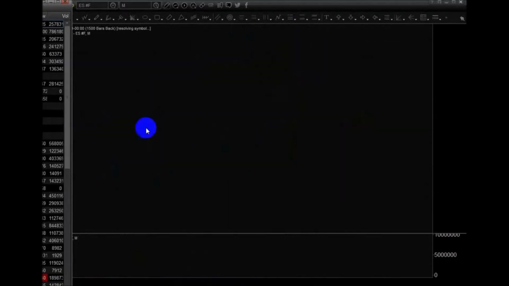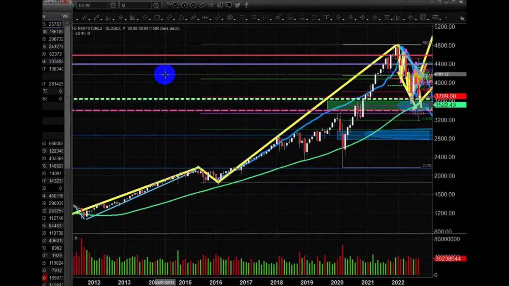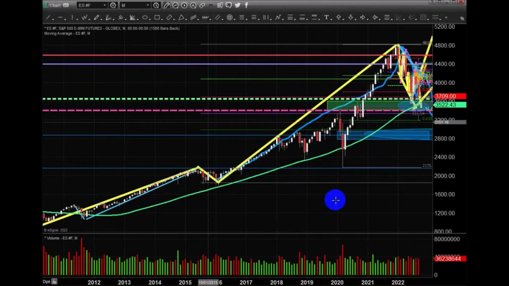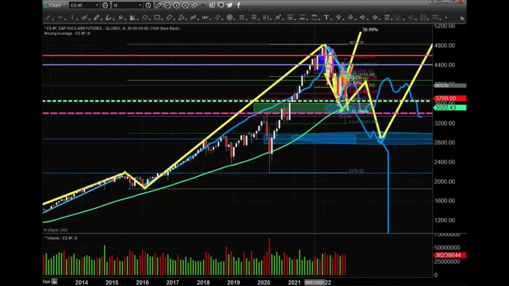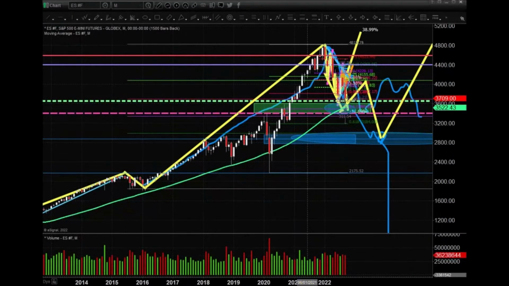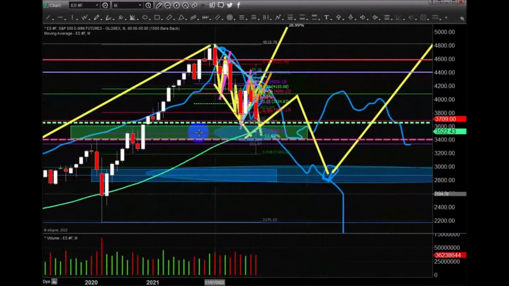So I'll come back to the ES chart, show you again. Everything is setting up like this. Everything. The NASDAQ, the Dow, everything is setting up in this pennant formation. We've got this thing setting up where we could be in a broad flagging, double bottoming formation off of support right here.